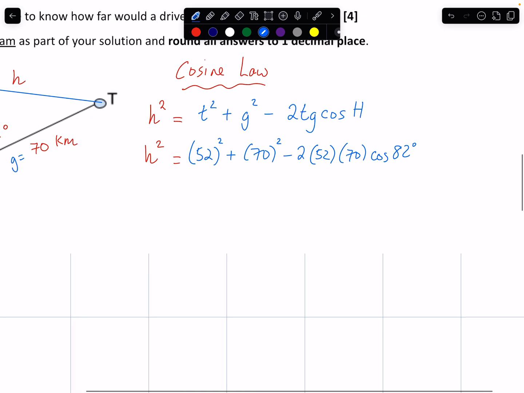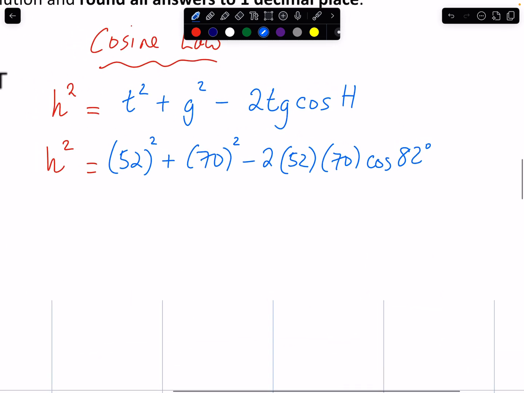Make sure we plug in our calculators carefully, and don't forget to set the calculator in degrees mode, otherwise we're going to get the wrong answer. So 52 squared, plug that in your calculator. That's going to be 2704. 70 squared is 4900.